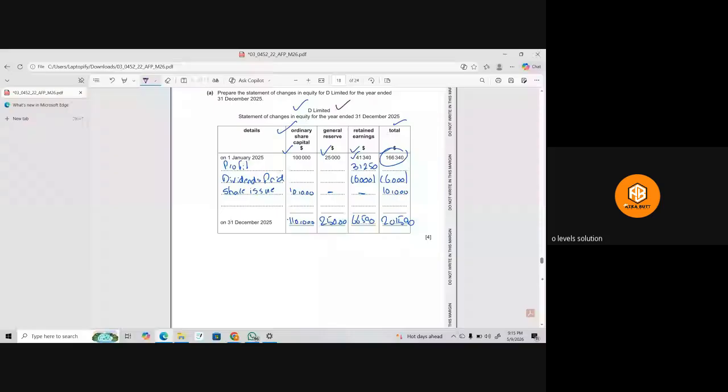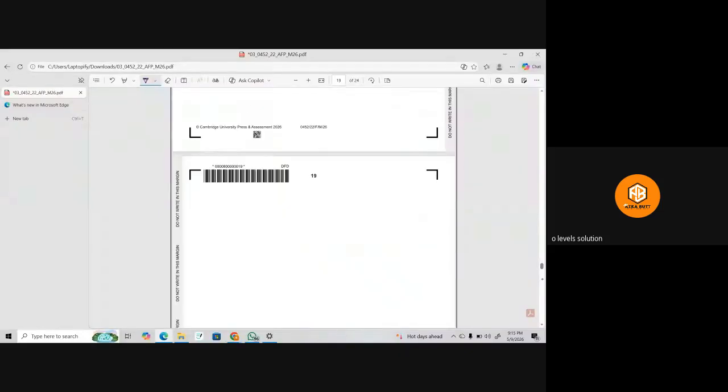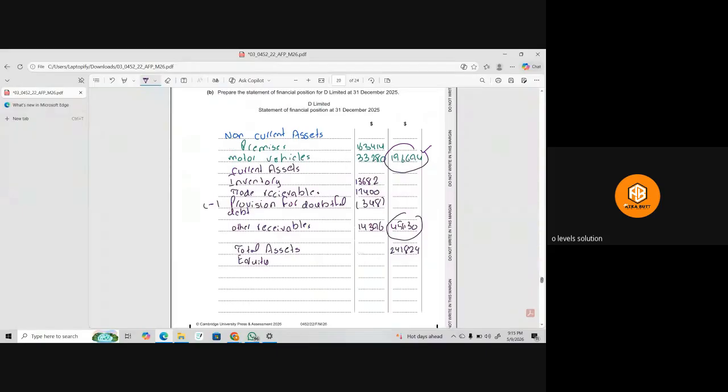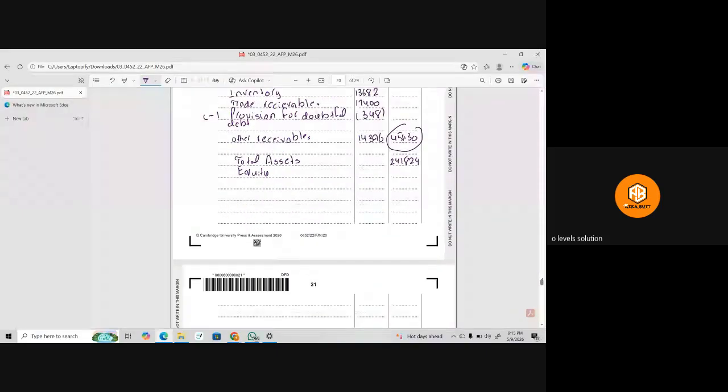We have general reserve, sorry, 25,000. Retained earnings 66,590, and this is the total of it. So we have to write all these things here under the equity section, because it is a part of equity, because it is increasing the capital of the limited company.